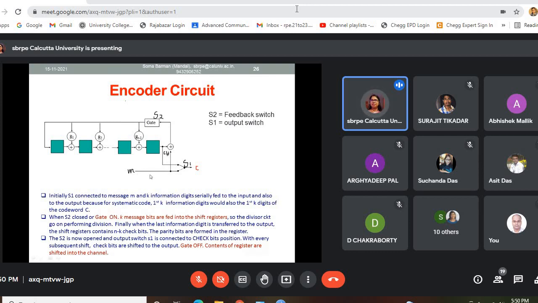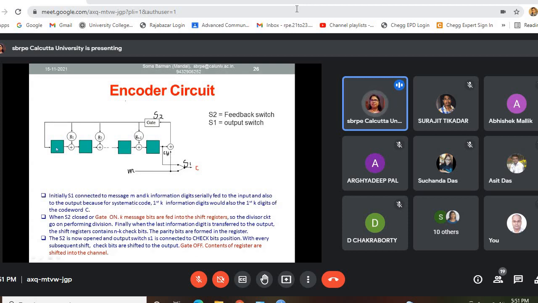Suppose I say 101. The 1 is coming, and that 1 is serially fed to the output of the encoder, and that 1 goes through this switch to the shift register.